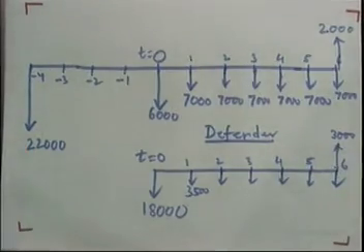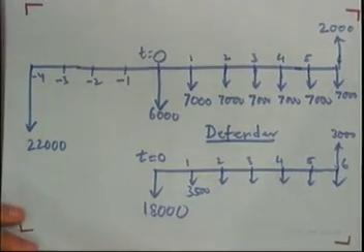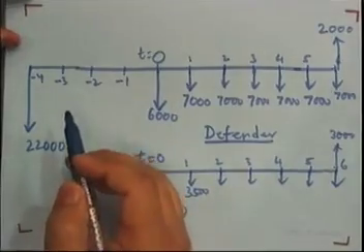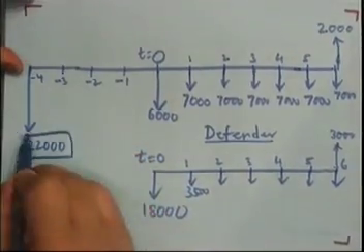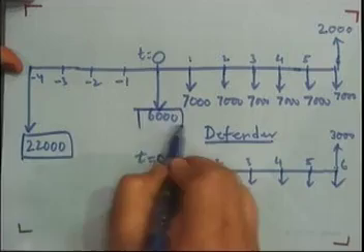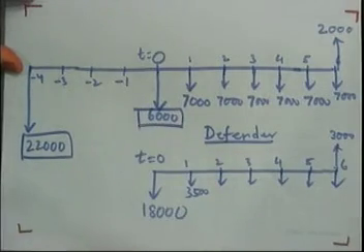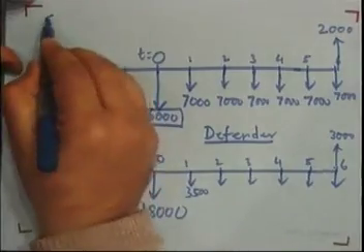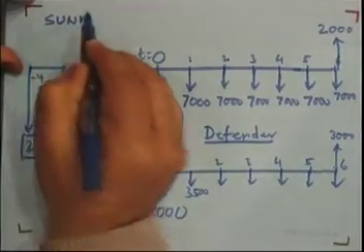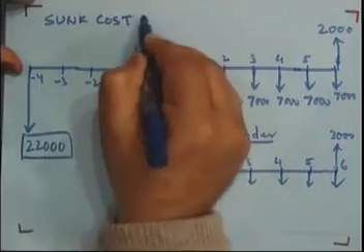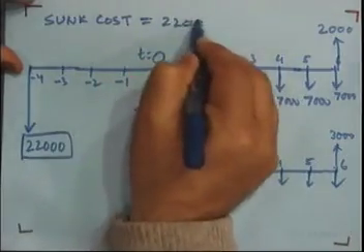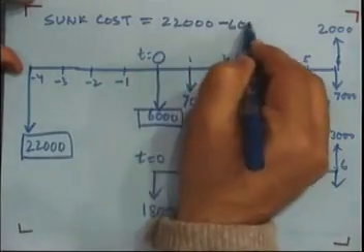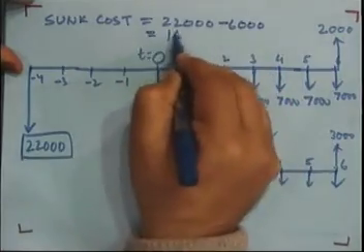Now, as far as this replacement analysis is concerned, we will have to forget what value? 22,000 minus 6,000. That we are calling a sunk cost. So, the sunk cost in this case becomes 22,000 minus 6,000, which is equal to 16,000.